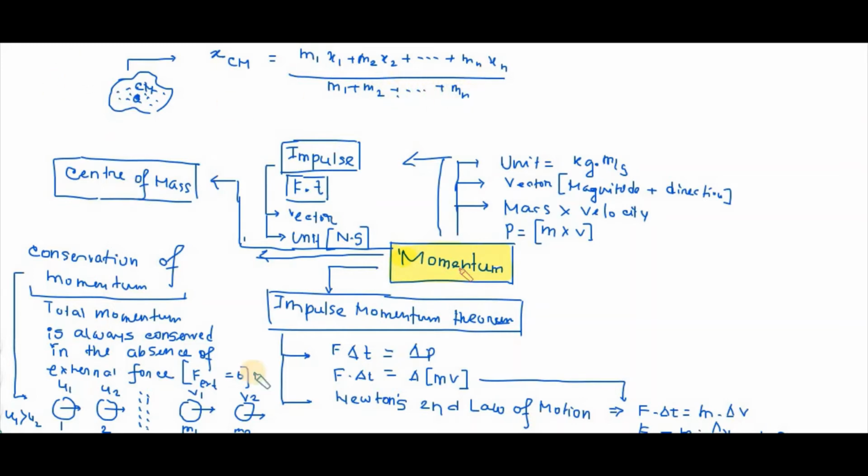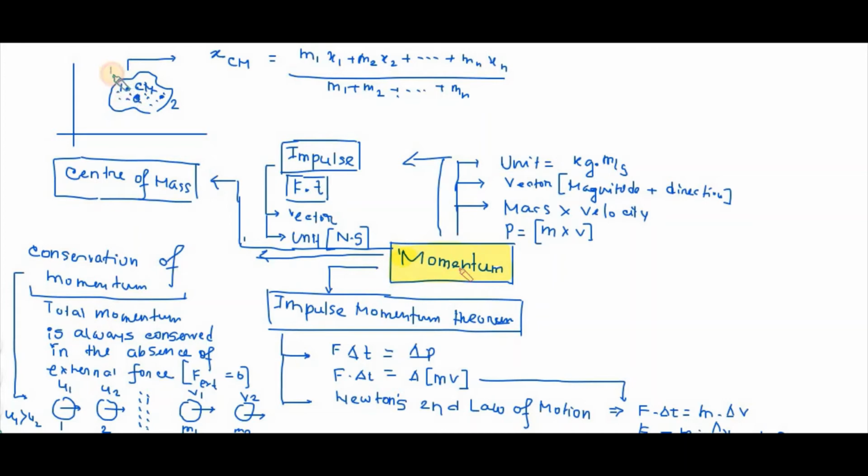If we define the coordinate system here, inside each object we may consider a number of points, which means a number of point masses.